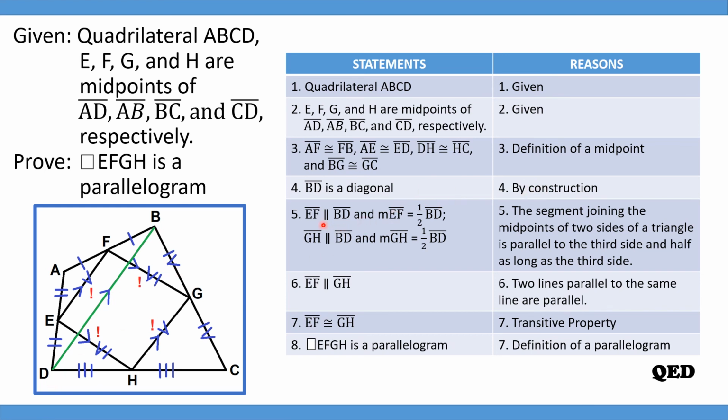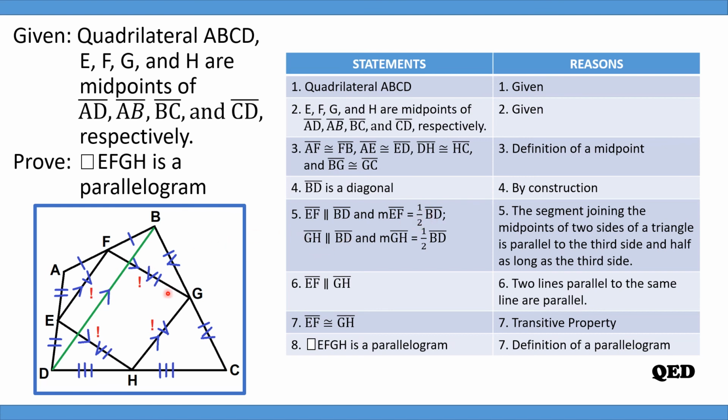Number 5, line segment EF is parallel to line segment BD. And measure of line segment EF is 1/2 of the measure of line segment BD. I'm sorry, I should have added letter M here: 1/2 of M of line segment BD.